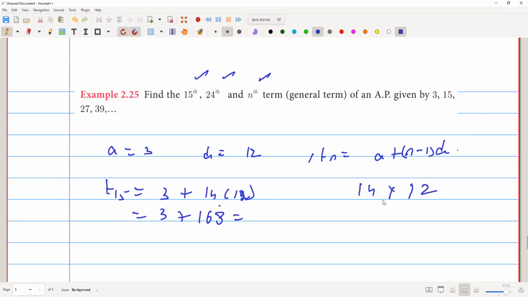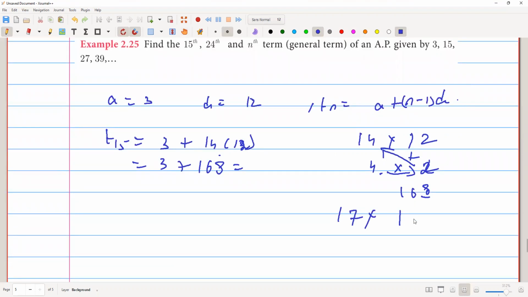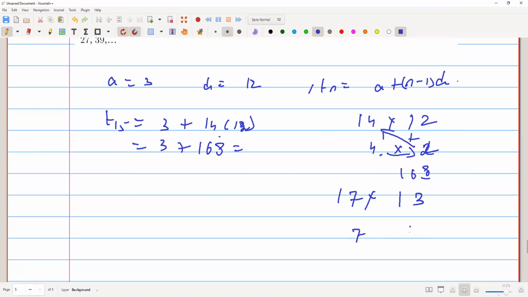14 into 2, that's 28, 4 2s are 8, this is addition. 10 into 14, this is multiplication. 168. All right, 3 plus 168, 171.